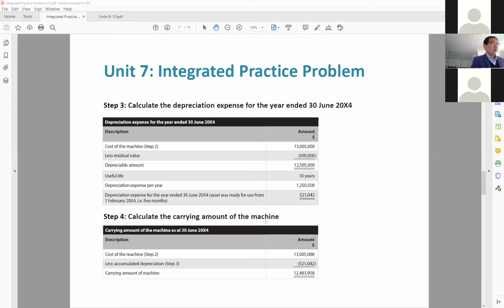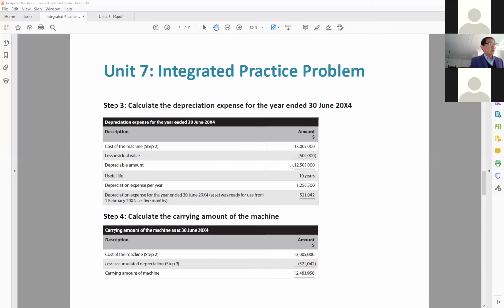So we have deducted the residual value. If you look at the cost of the machine, it was determined to be 13,005,000. We were told that there was a residual value, which is 500,000. So we need to deduct the residual value from the cost of the machine, and we are left with the depreciable amount.